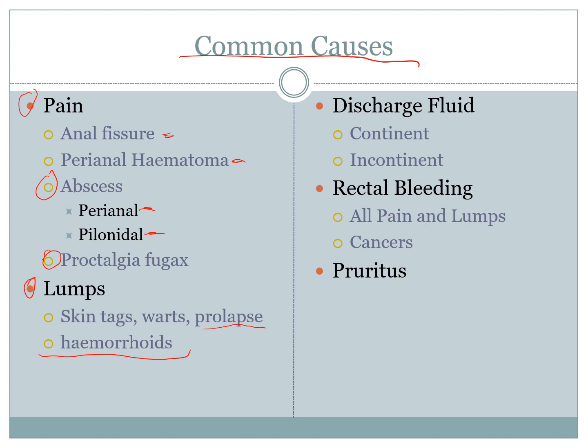When we start looking at discharge, we're actually initially looking at discharge of fluid. Okay, so fecal fluid as opposed to discharge of anything else. Now, the best way to describe these is if the person is continent, so has control of their bowel movements, then pretty much it's caused by a series of the other things that we've talked about.